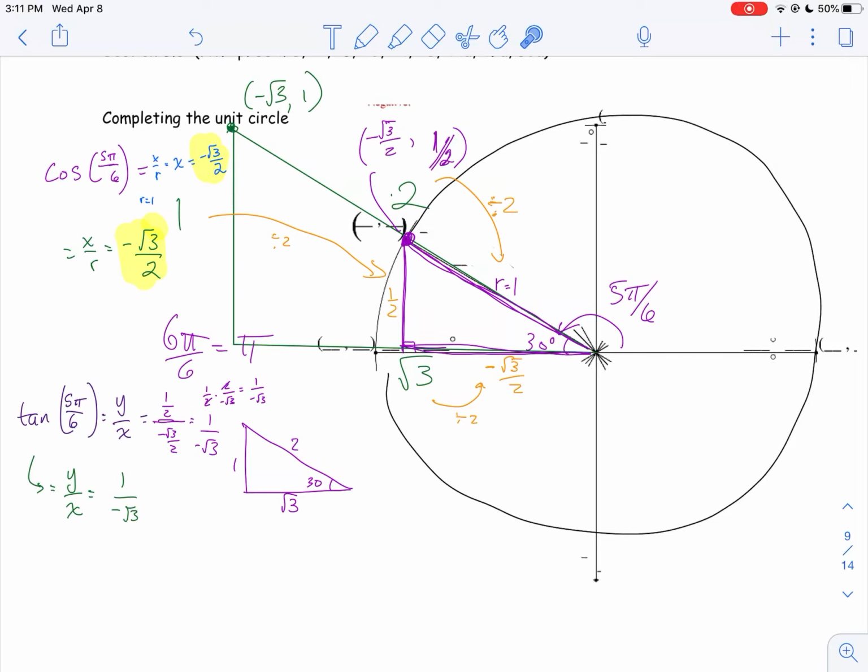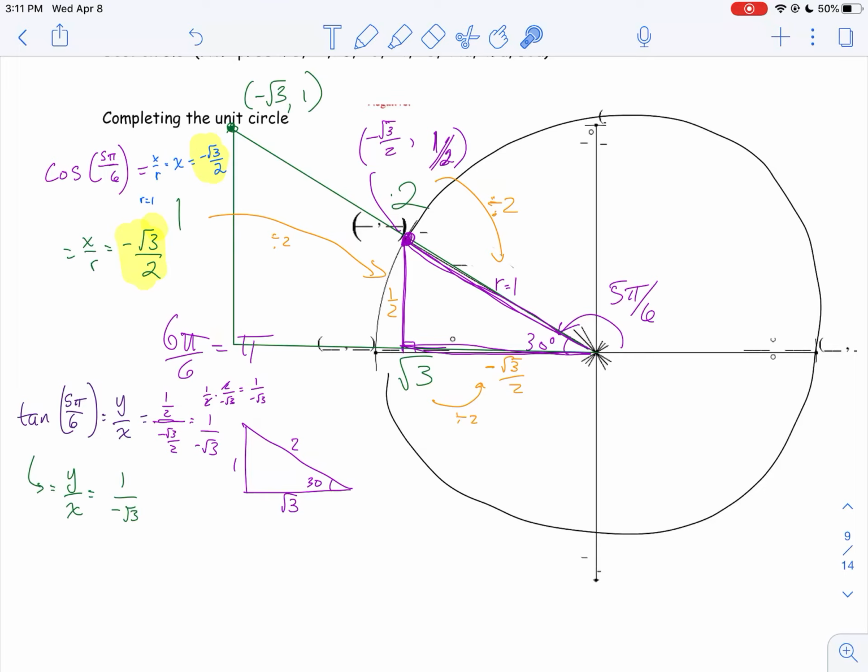And to get to the radius, we divide by 2. So we have to divide all our sides by 2. And that gives us the coordinates of this point on the unit circle. And so when I find tangent, I have to do y over x, which is 1/2 over the negative square root of 3 over 2, which reduces to 1 over negative square root of 3.